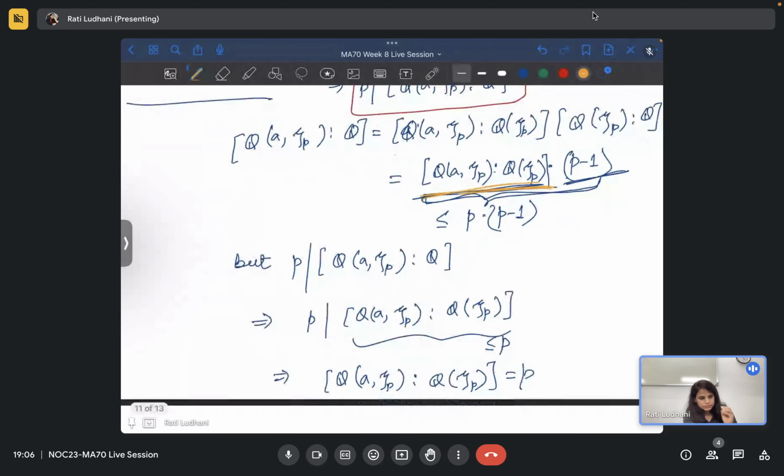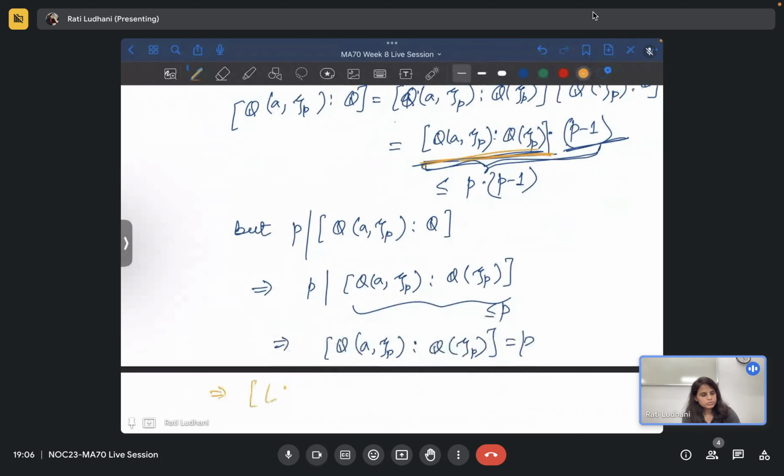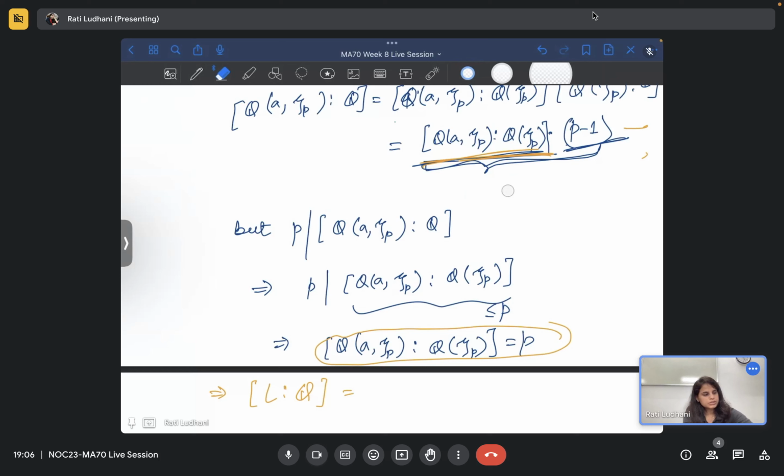So this implies, what do we have as a result, that L over Q. So we have this condition, and from this formula, I don't even need to write it like this, we can just use this star identity. This is equal to P into P minus 1 by star.